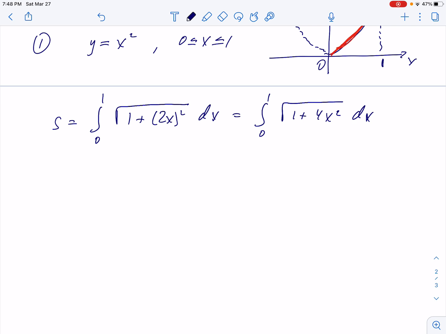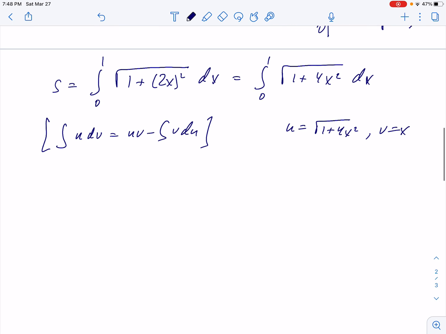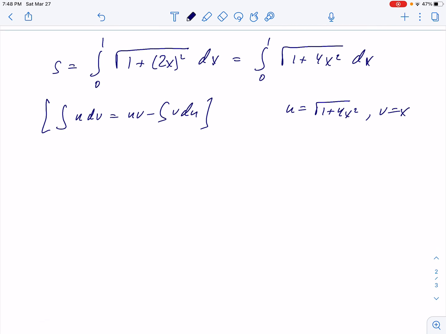Here the formula is this: if you have u dv, you get uv minus the integral of v du, and you put limits when necessary. Now I shall take u to be this radical, square root of 1 plus 4x squared, and v will be just x. So we have here actually u dv.